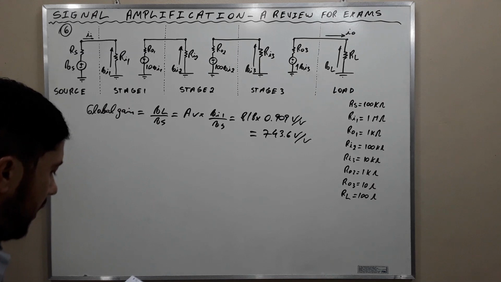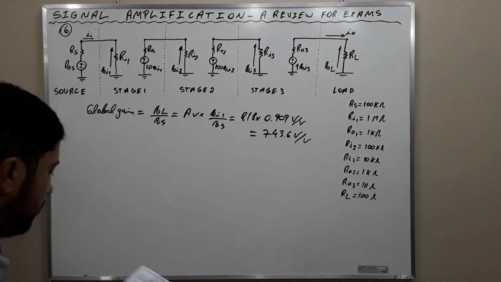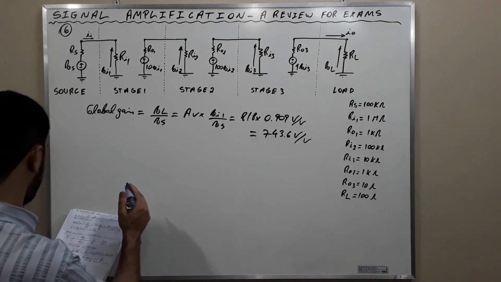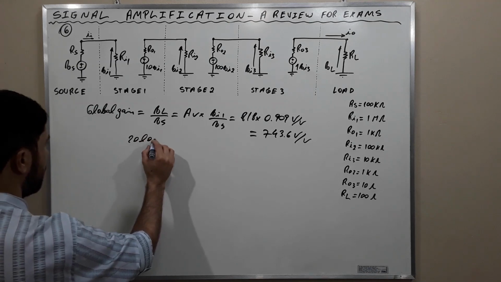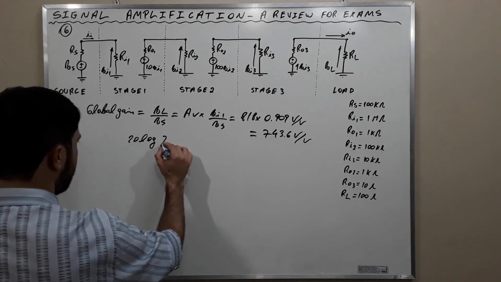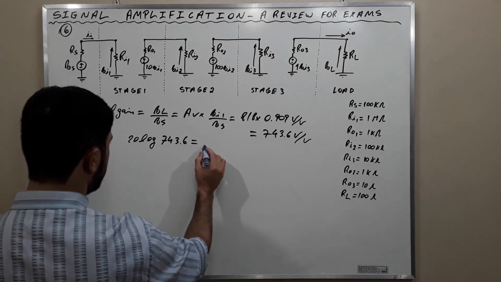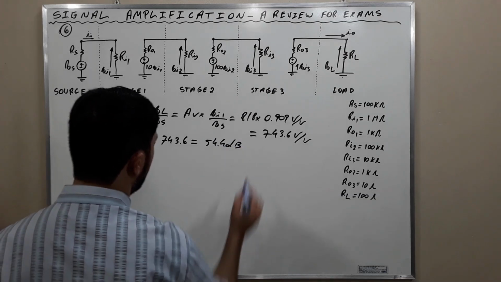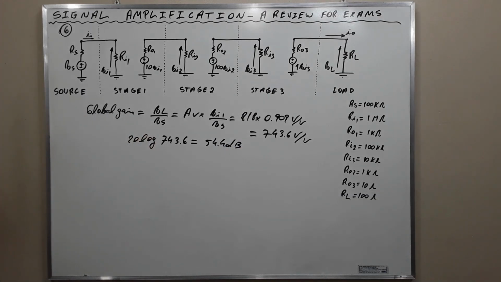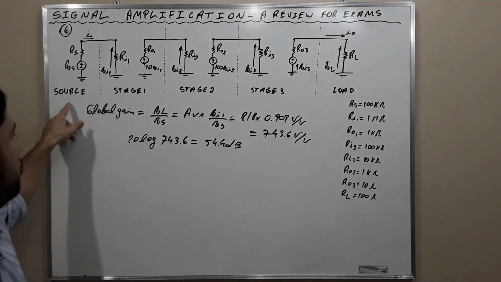And we can also convert this into decibels. It is going to be in decibels 20 times the logarithm of 743.6, which is equal to 54.4 decibels. Okay, this is the global voltage gain in decibels, from source to load.